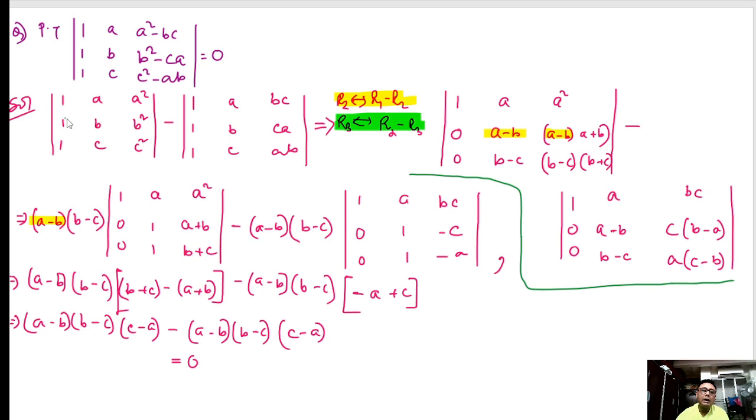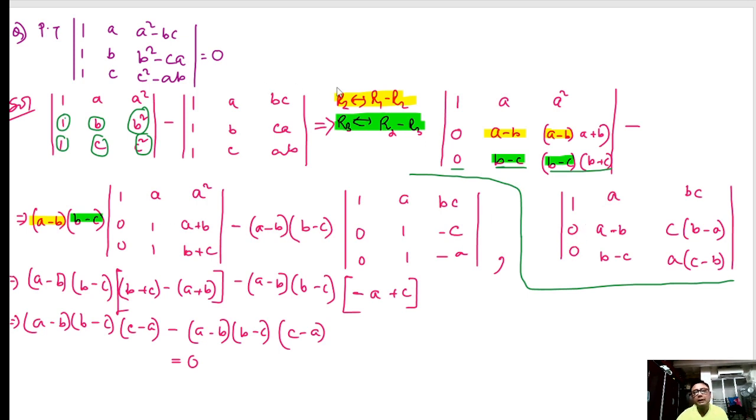So see, R2 minus R3 is 0, and here we have kept it. Similarly, B minus C. Similarly, B square minus C square. So now we are taking B minus C common, and here is B minus C. So now what remains is this.